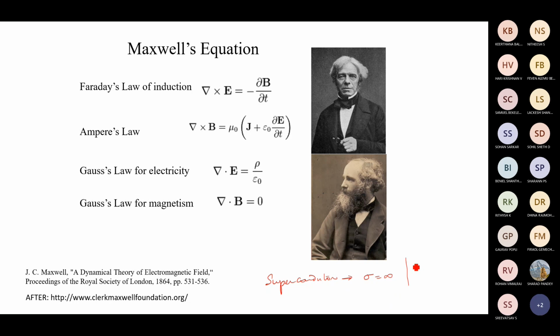It is impossible to achieve 0 Kelvin, which contradicts the law of thermodynamics itself. So the question of the existence of the material comes into the picture. When you reduce to very low temperature, you could achieve a very large conductivity.